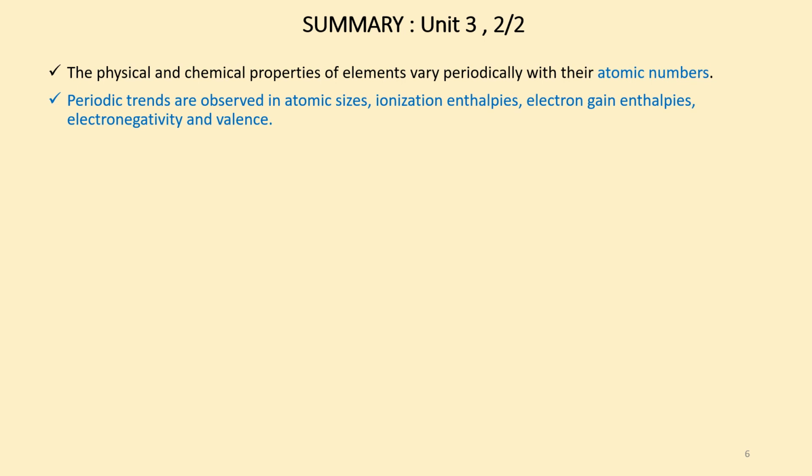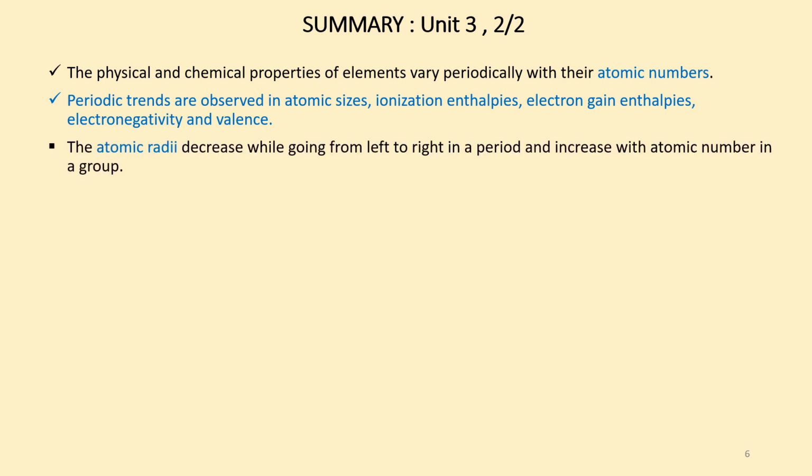Periodic trends are observed in atomic sizes, ionization enthalpies, electron gain enthalpies, electronegativity and valence. The atomic radii decrease while going from left to right in a period and increase with atomic number in a group.